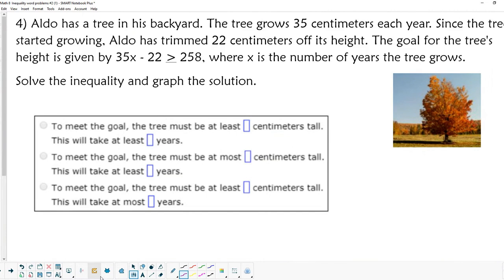So we are going to solve the inequality off to the right here. So 35x minus 22 is greater than or equal to 258. Then we're going to add 22 to both sides.